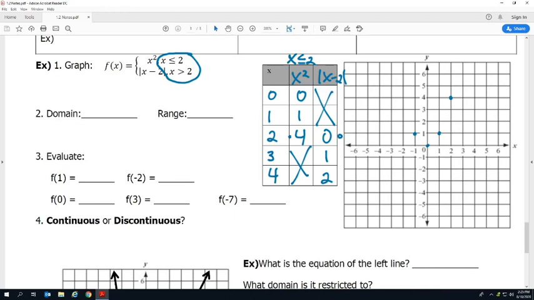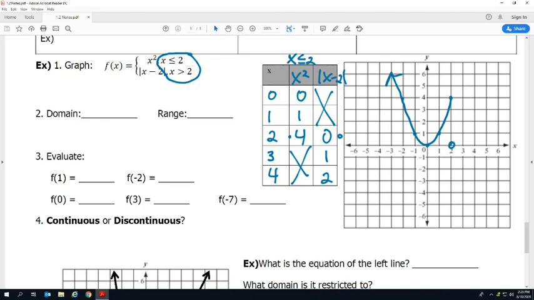So at x equals 0, that's our line of reflection. So you should have symmetric points on either side of that line. So this should be your graph. And it continues on forever because it says less than or equal to 2. So you put that arrow there. Then for the absolute value function, at 2, 0, we have a point, and it's an actual open circle.